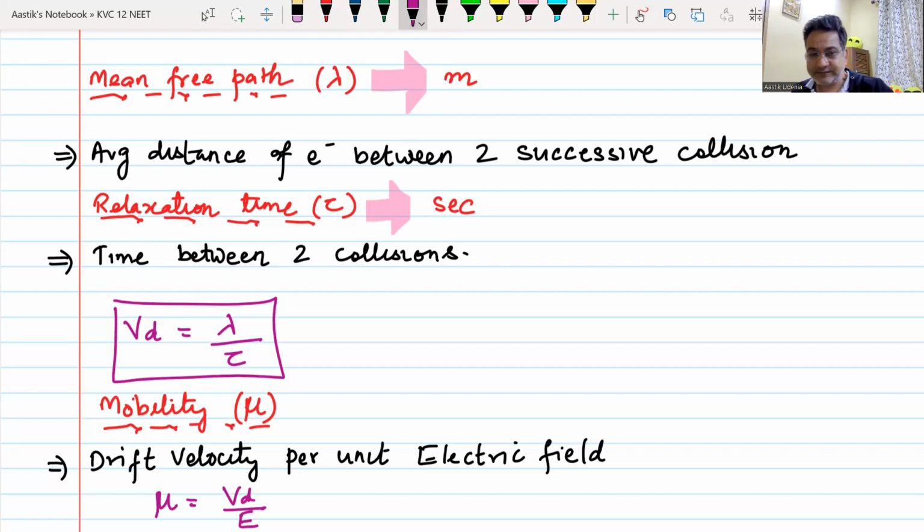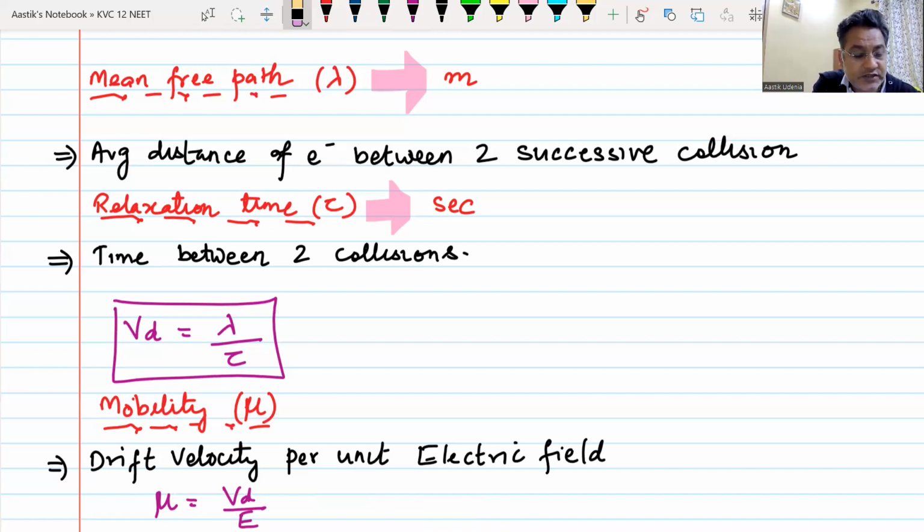Do we understand this? The SI unit becomes meter square per volt second, not meter. Do we understand what I've written?